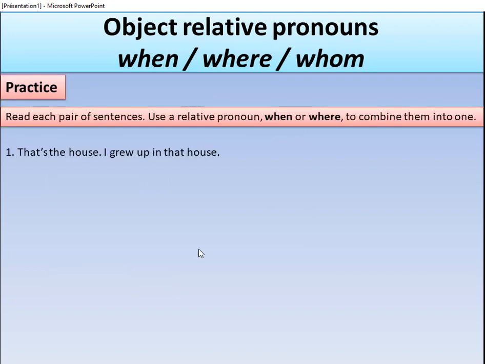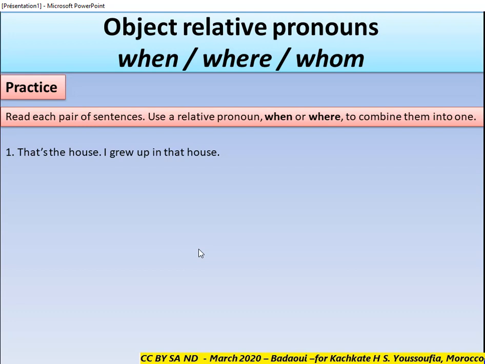Now let's practice. In the practice, like in the exam, you read each pair of sentences first, you understand them, then you use a relative pronoun, when or where, to combine the two sentences into one. Let's study this first example together and I'll let you do the rest. That's the house.